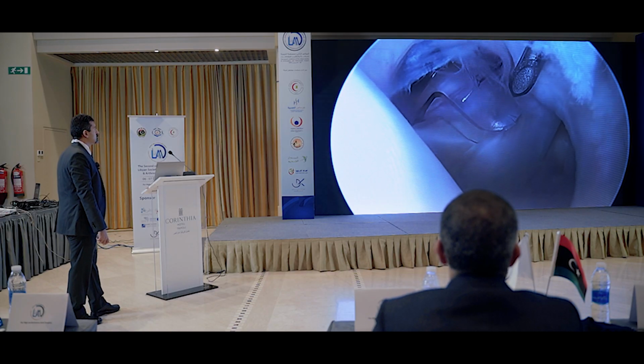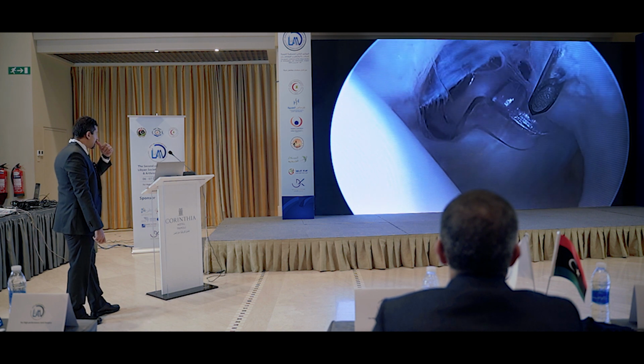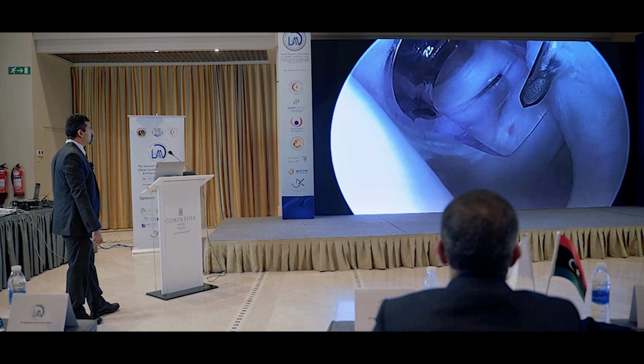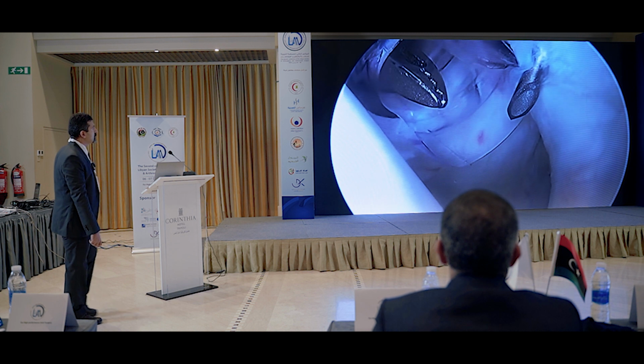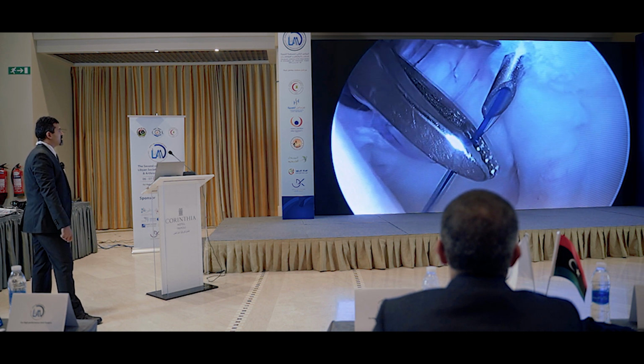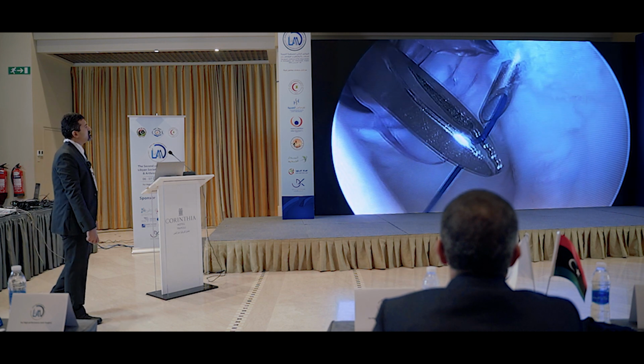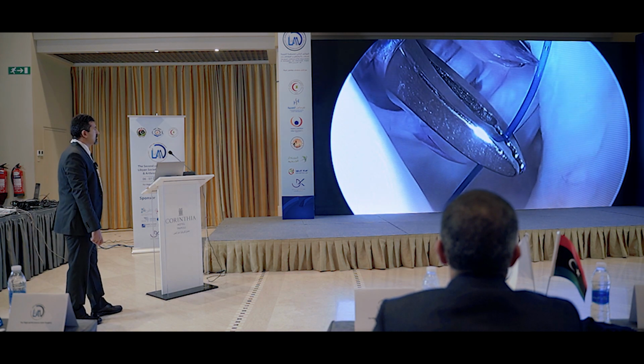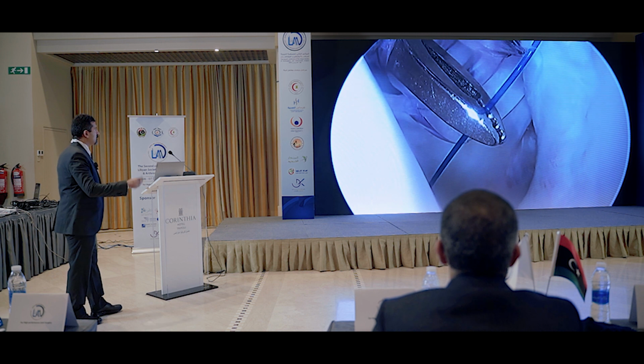And then through the Neviaser portal, you shuttle by a spinal needle a shuttling suture from upward, and then you catch it with the ring forceps and drag it out from the anterior portal, and then the spinal needle gets out.